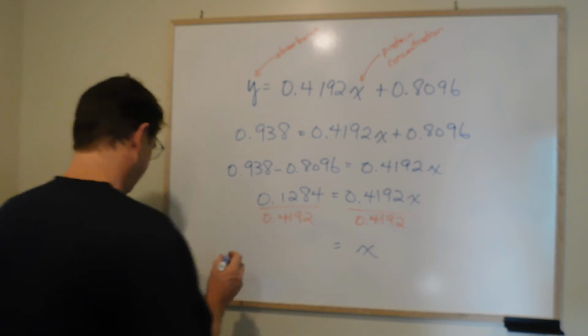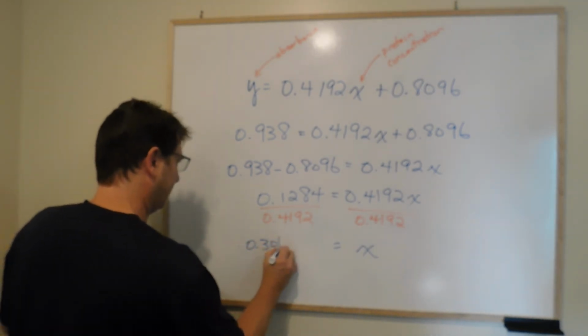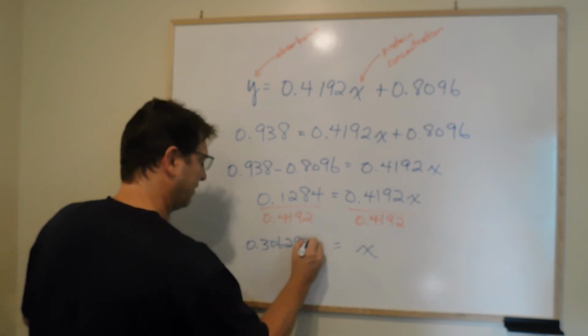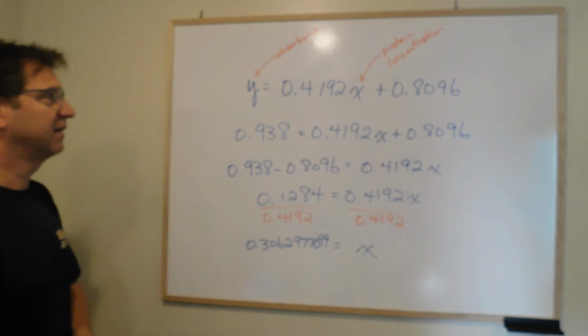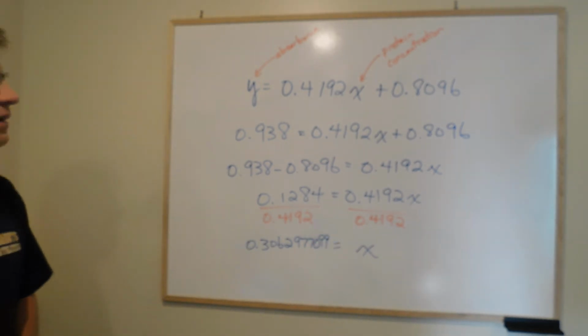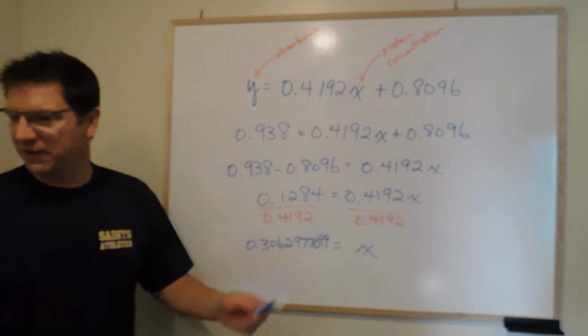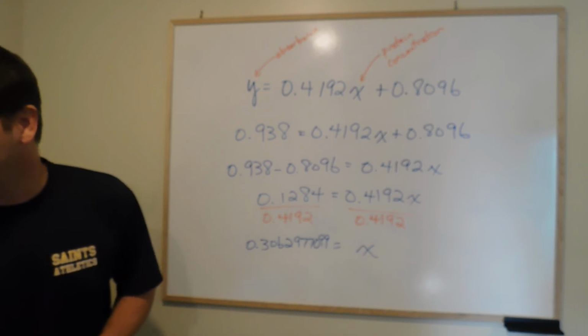I got 0.30629770099. Okay. Well, how many decimal places should we go to? Well, that's a good question, because if I read the question, estimate the protein using the graph and calculate it exactly.